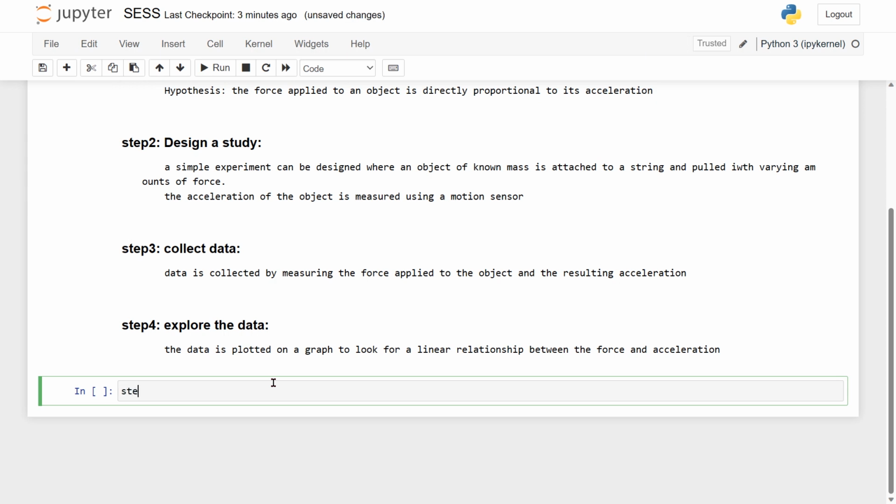Let's go to step 5. What Newton did, he has to choose a statistical model.